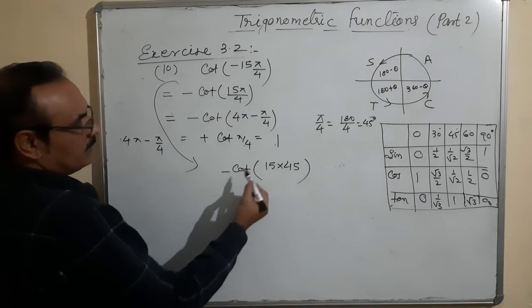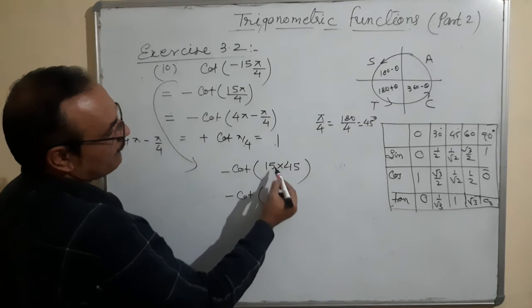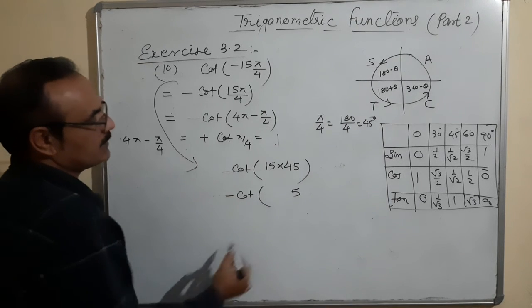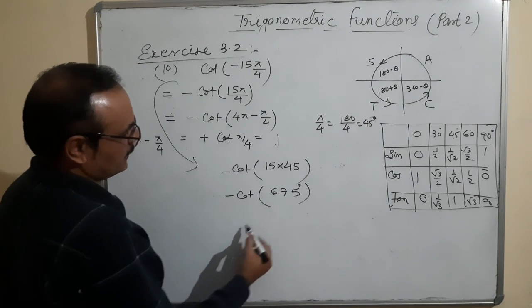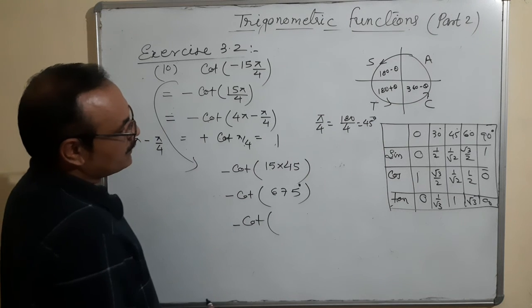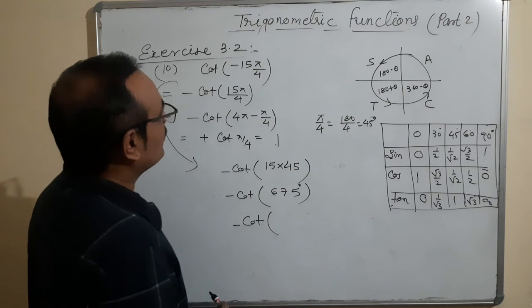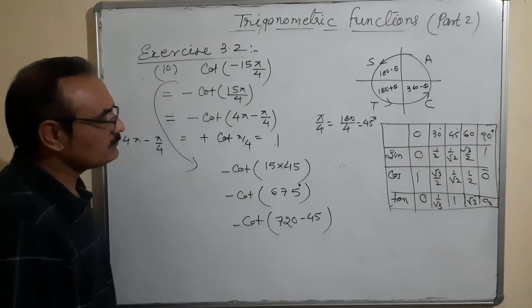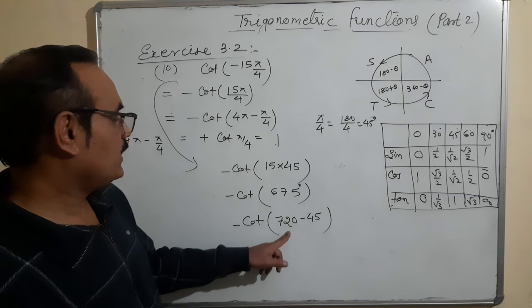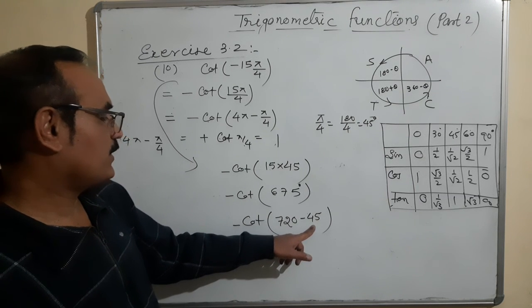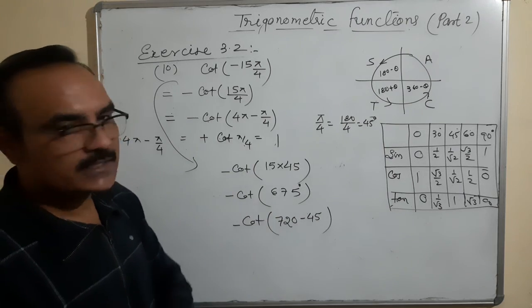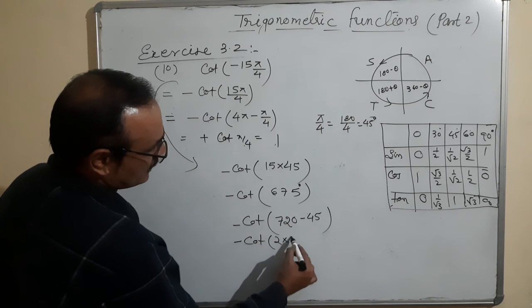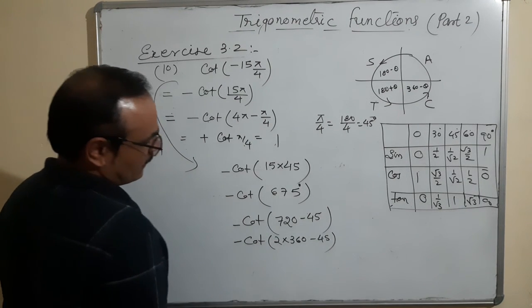Minus cot of 15 times 45, which is 675 degree. Minus cot 675. You can write 675 as 720 minus 45, that is 2 multiplied by 360 minus 45.